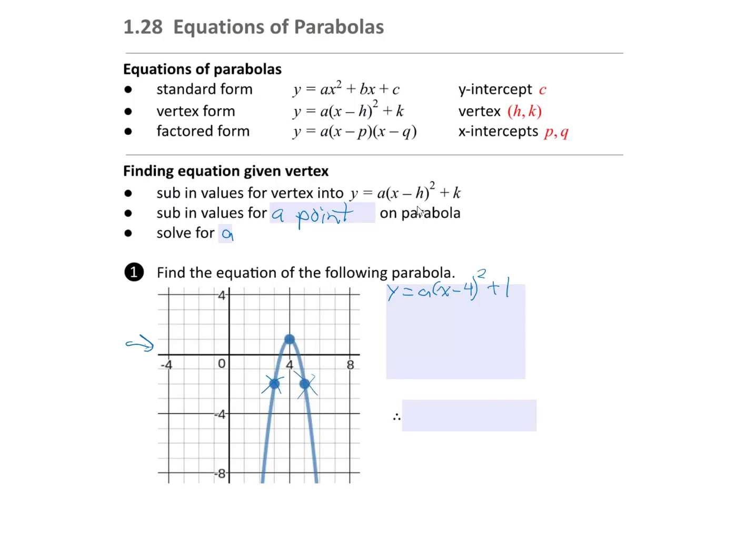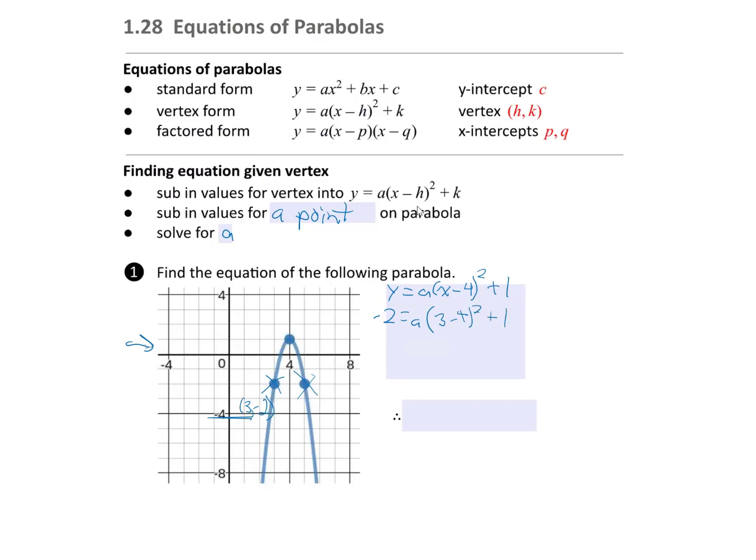I'll choose to sub in the first value, so that'll be our point positive 3, negative 2. So our y value is negative 2. We don't know what our a value is. Our x value is 3, minus 4 there, squared, plus 1. So negative 2.